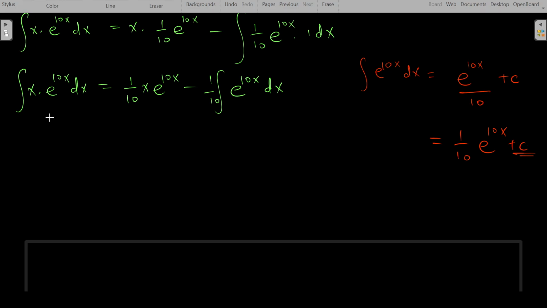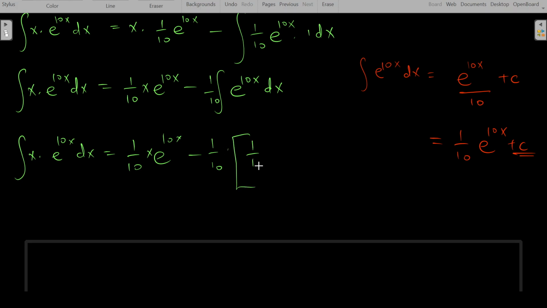So we are saying the integral of x multiplied by e raised to 10x dx should give me 1 over 10 x e raised to 10x, minus 1 over 10. This 1 over 10 should multiply through all these, so it should multiply 1 over 10 e raised to 10x. We shouldn't add the constant of integration at this point.